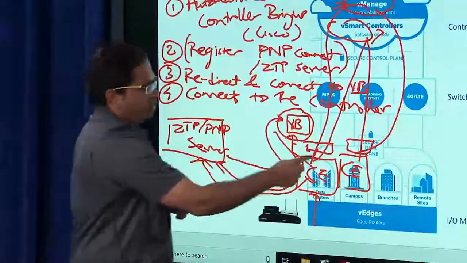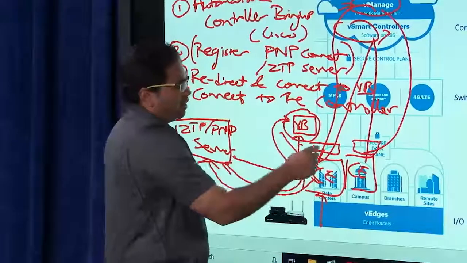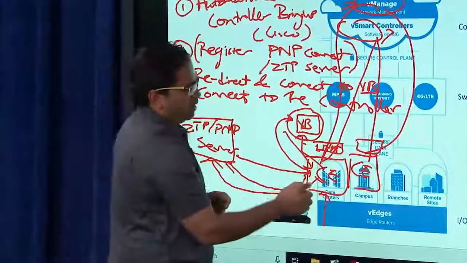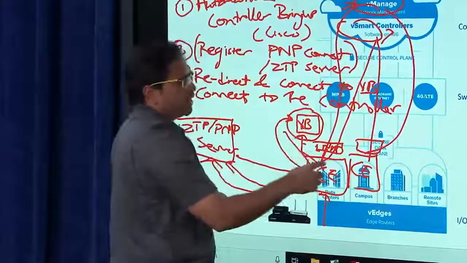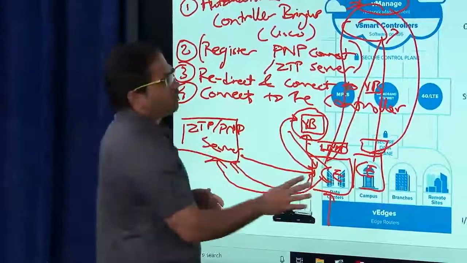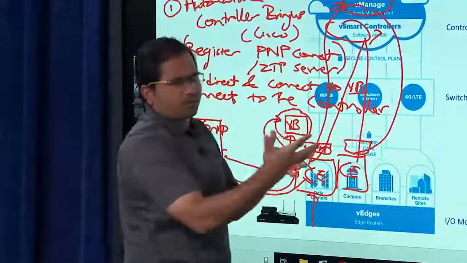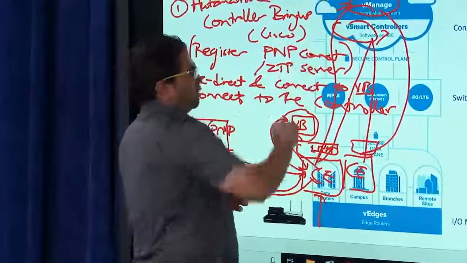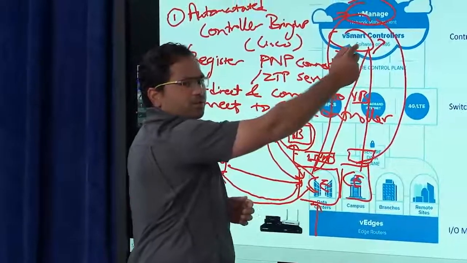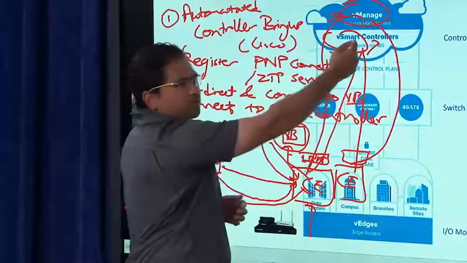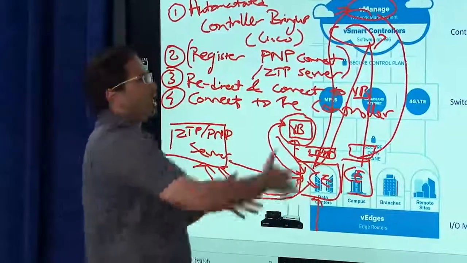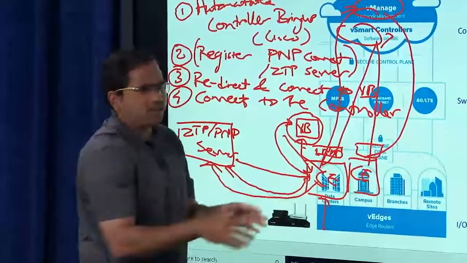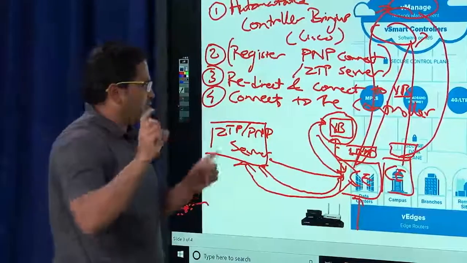The edge device, if it has a NAT box in front of it, keeps its NAT mapping persistent because it has a persistent connection to the controller. Once it gets to the vBond, the NAT translations for the edges are propagated to the controller, and the NAT mapping for the controllers is propagated to the edges, and we can bring up a control plane channel between the controller and the edge. So that should answer the first question.